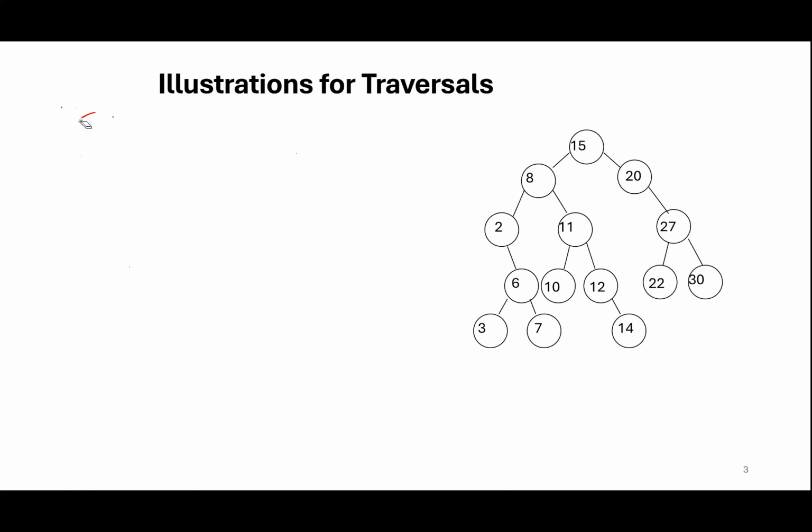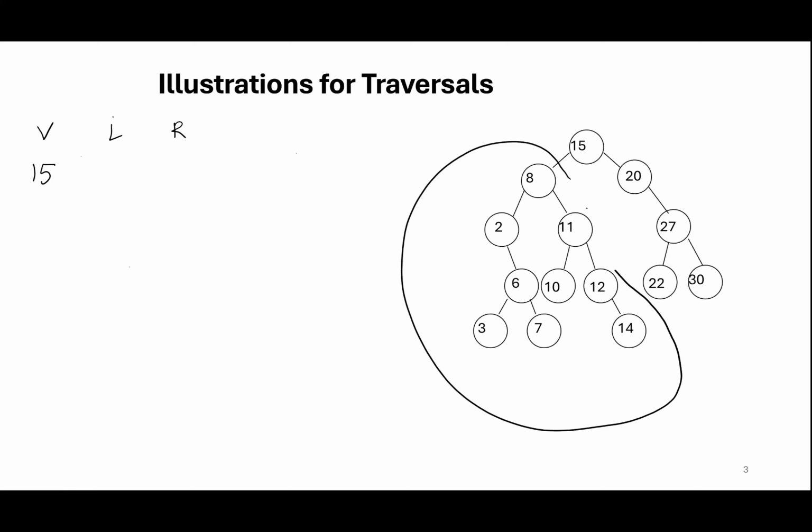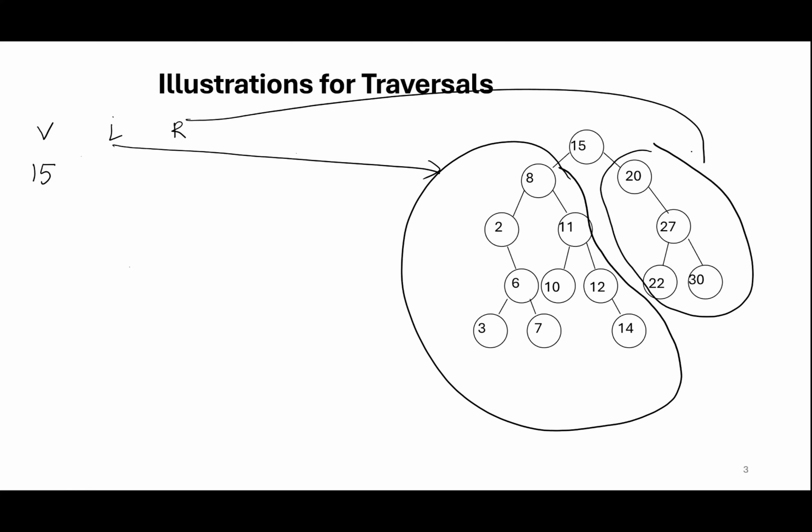Let's say visiting means printing the node. So we start from the root, and visit means I just print it out. Done. Next is left, and right is going to be this. So I'm going to traverse left first and then right.